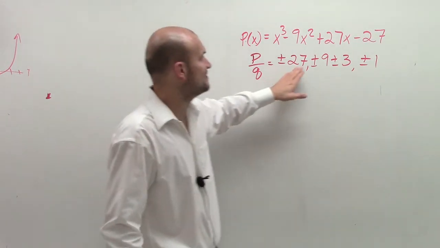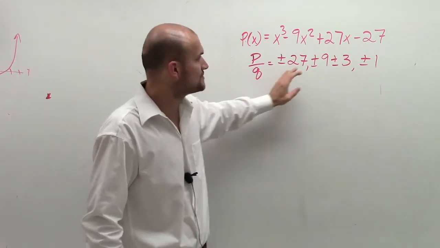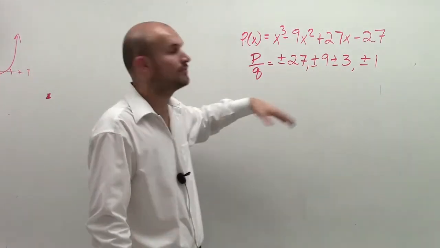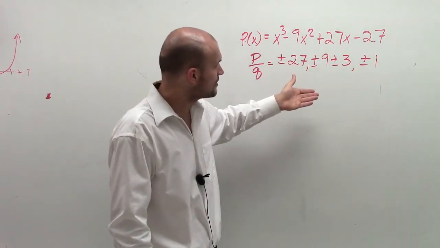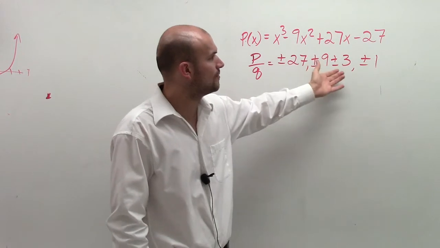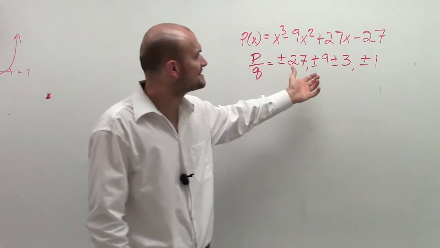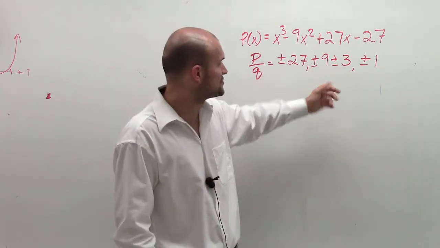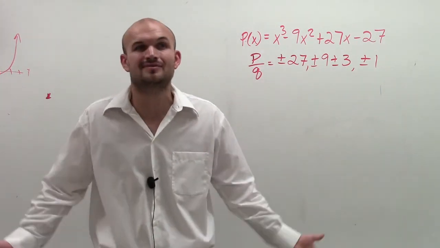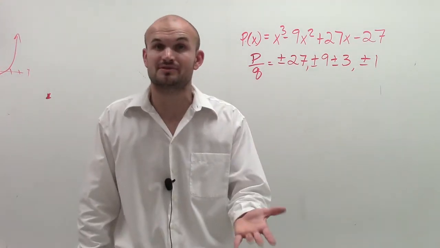We could also use synthetic division for all of these, and that would help us determine the remaining zeros. But to do that, you're going to have to do synthetic division of 8 polynomials. And that's kind of long. It's really not that bad, but it could get a little tiresome, especially if you're taking a test.